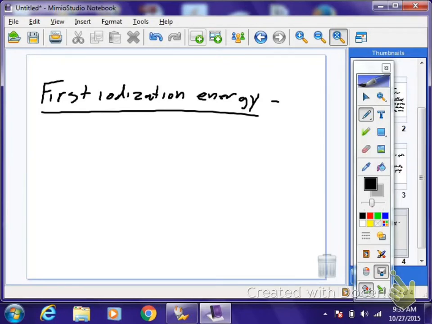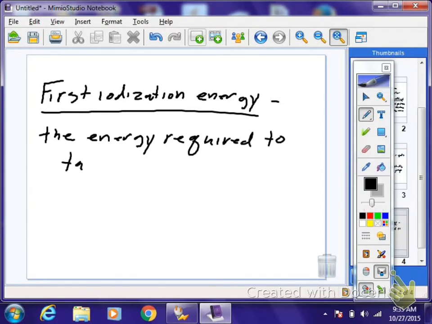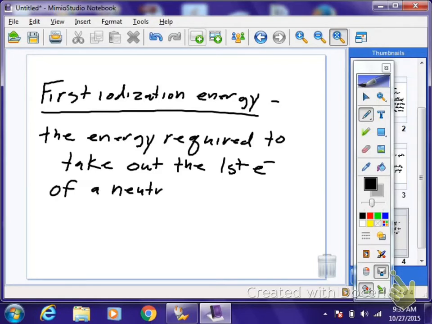The ionization energy. It's the energy required to take out the first electron, to take an electron away from a neutral atom.